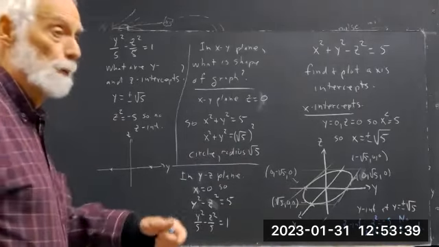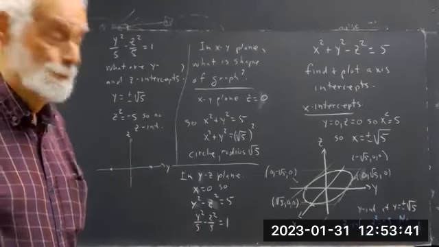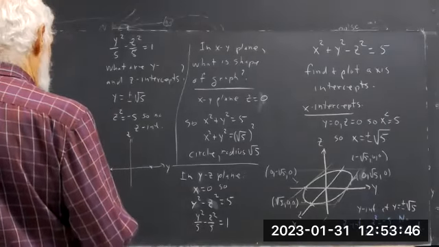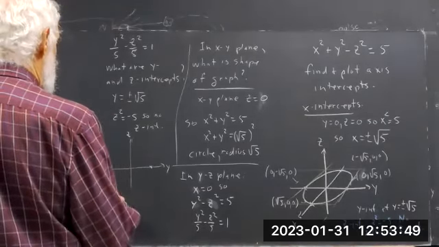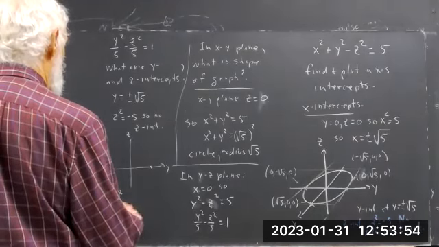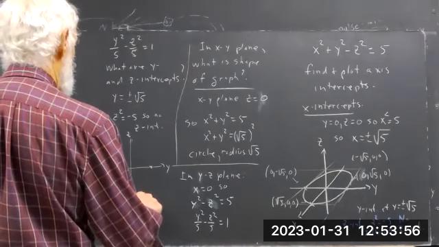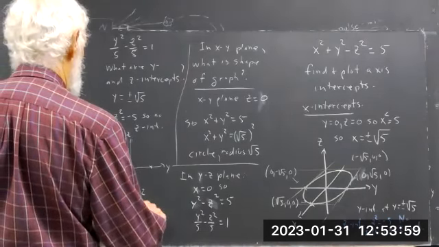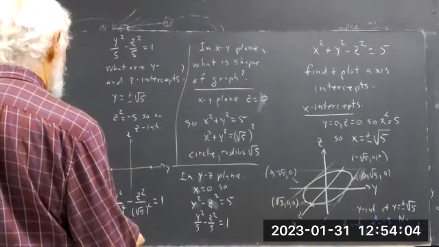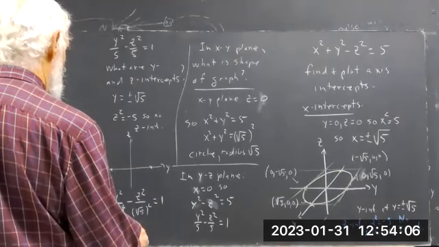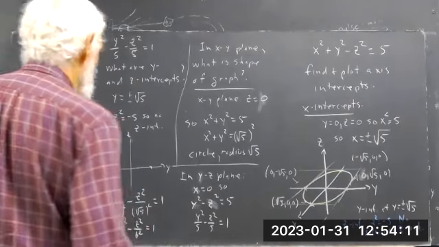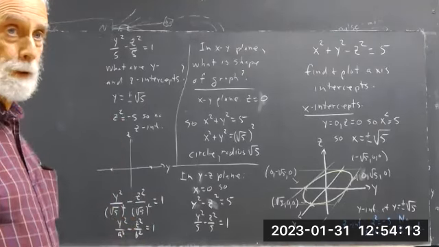And remember what I told you on the first day: y squared over a squared minus z squared over b squared equals 1.